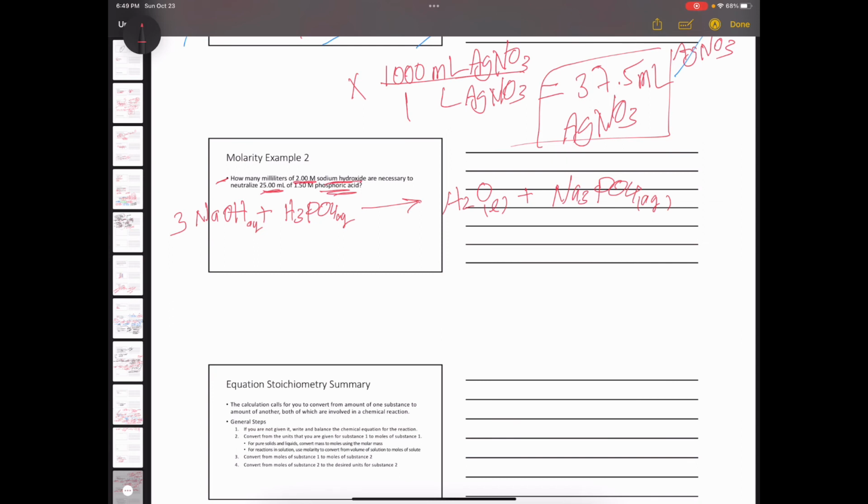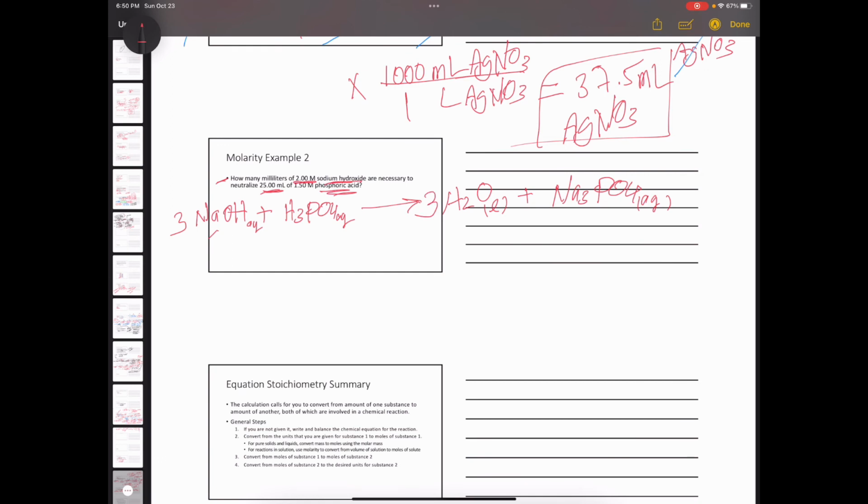Now this is going to change the count for oxygen, because if you see here, there's 3 times 1, okay? So that makes it 3 oxygens in the NaOH, plus I have 4 oxygens on the phosphate in the phosphoric acid. That makes it 7, while on the other side I have 4 and 1, which is 5. So what I need to do is multiply this by 3.